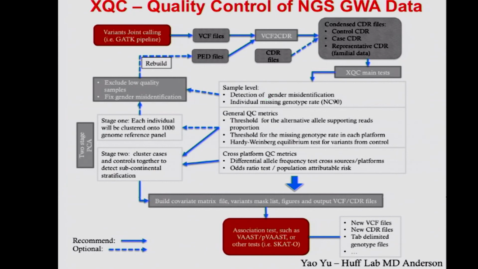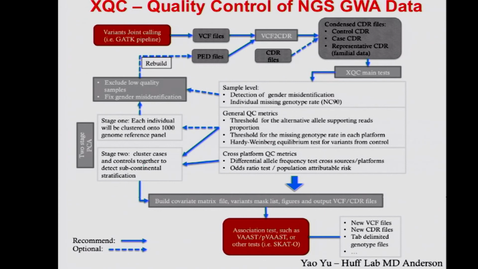I won't go through every box, but at the sample level it has tools that help detect gender misidentification. It will analyze missing genotype rate, so how many individuals in our groups are no-called at a particular site. Some general QC metrics like a threshold for alternate allele supporting reads, Hardy-Weinberg calculations, and then cross-platform QC metrics. So if we have different sequencing platforms in our data set, that sort of thing.